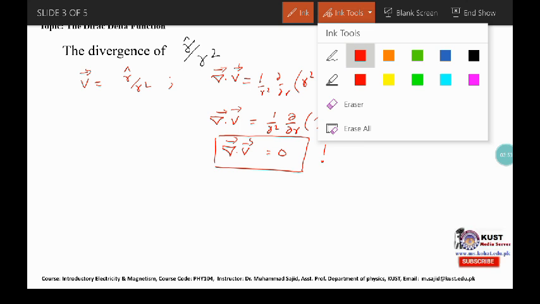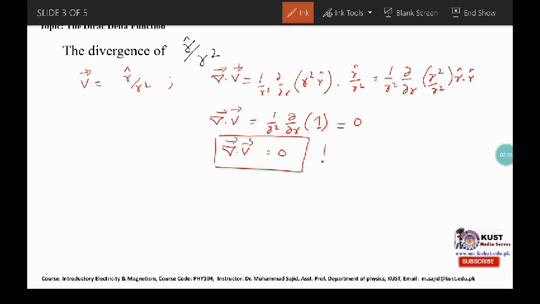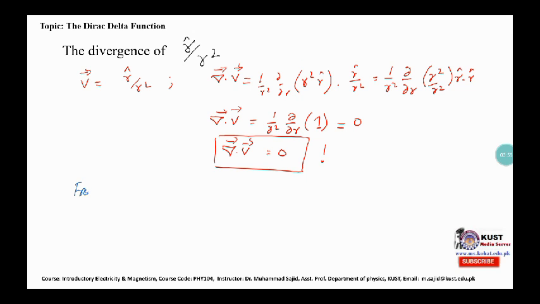From the divergence theorem, we can write that the volume integral of the divergence of v d tau, where d tau is the volume element, is equal to the closed surface integral of v dot dA.